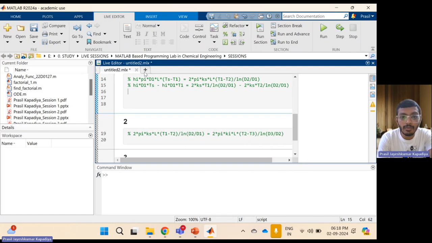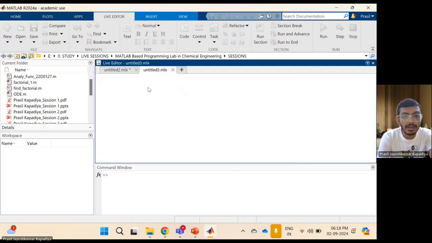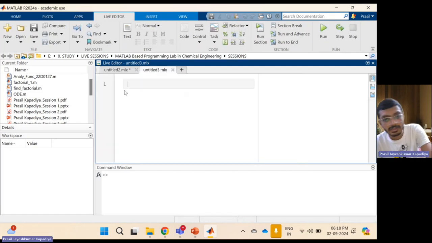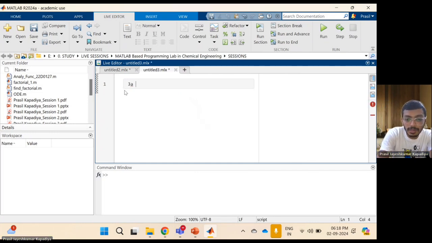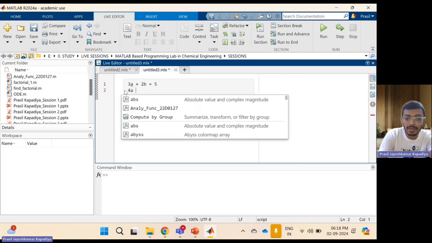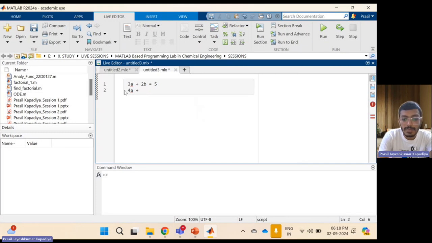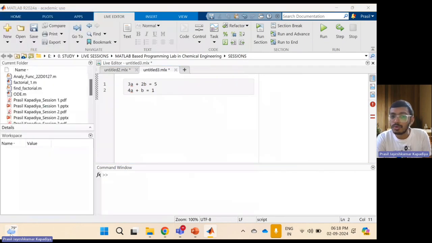Okay, now what can I do? My equation in earlier case was 3a plus 2b equal to 5. So what I did, let me write down two equations. 4a plus b is equal to 1. So see, on the one side, coefficient of a, coefficient of b, and on the right hand side, there were constant terms.